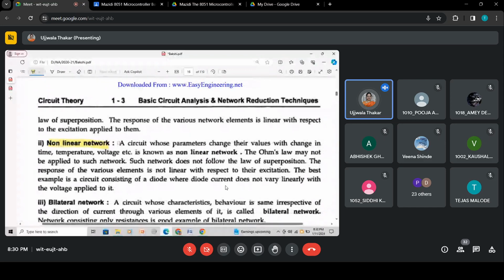A circuit whose parameters change their values with change in time, temperature, voltage is called a nonlinear network. A nonlinear network is where the circuit parameters are changing with respect to time, temperature, voltage. Okay, one type of classification.